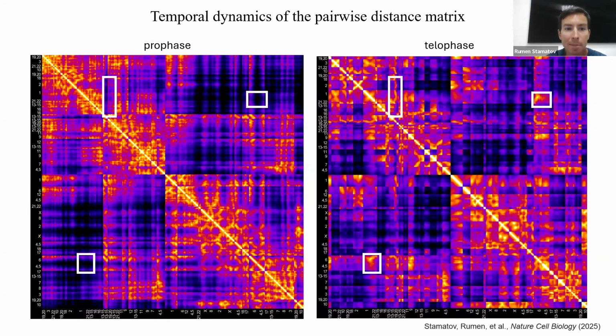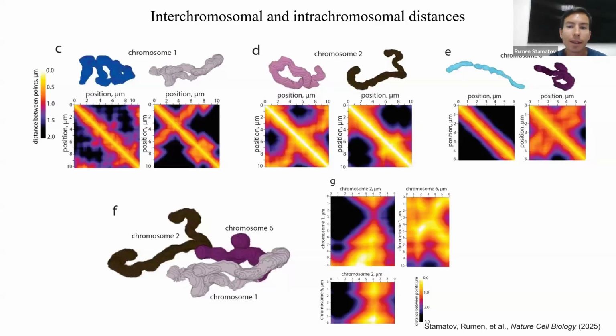These are just some examples in the white rectangles here of chromosomes which were initially close together, but then they became distant or the other way around. So again, we have evidence of significant rearrangements of chromosome contacts before and after mitosis.